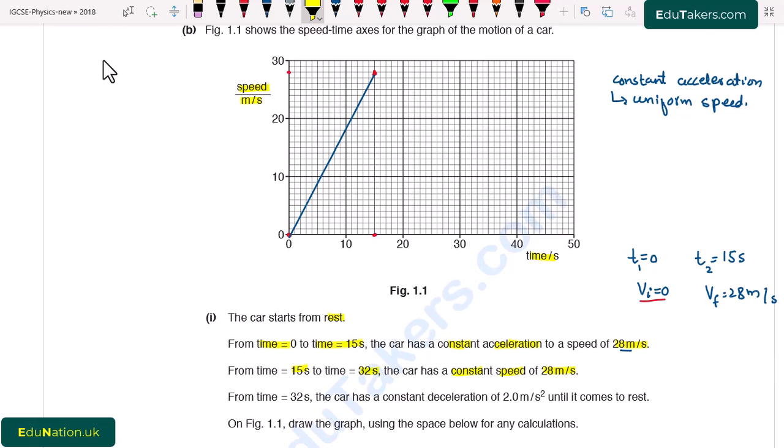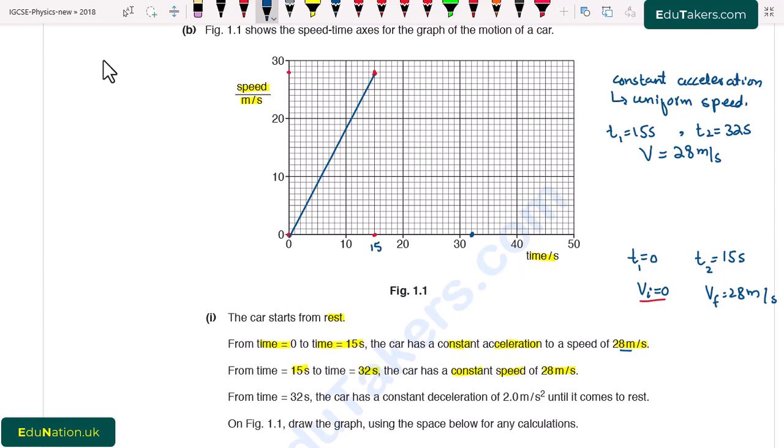I write here t1 is equal to 15 seconds and t2 is equal to 32 seconds. The car has a constant speed of 28, means that its speed is constant, it does not change. So this is 15 second and next is 32 at this point.